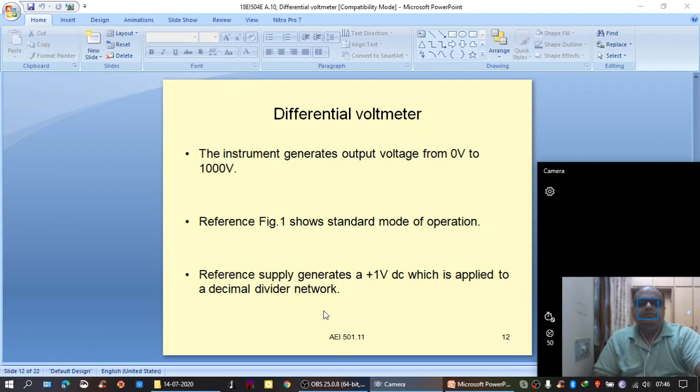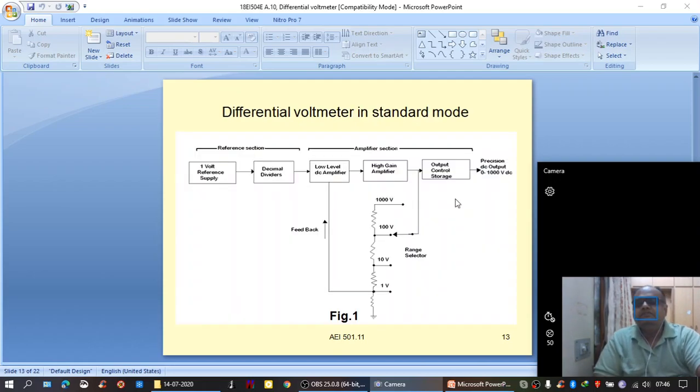The reference supply voltage generates a plus 1 volt DC, which is applied to a decimal divider network. Here is the circuit arrangement: a commercially available standard differential voltmeter consisting of a 1 volt reference supply and a decimal divider.